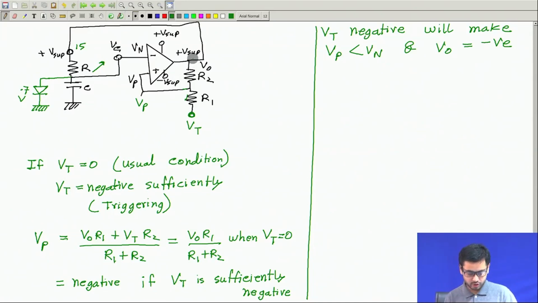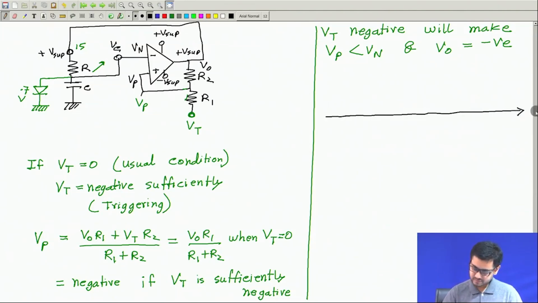Okay. So, let us draw some timing diagram. So, this is time, and say I draw Vt, okay, and what else is important?